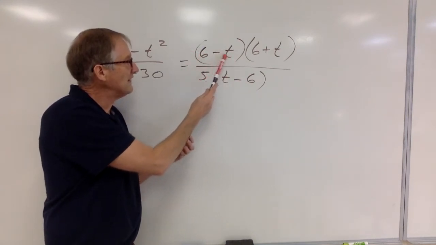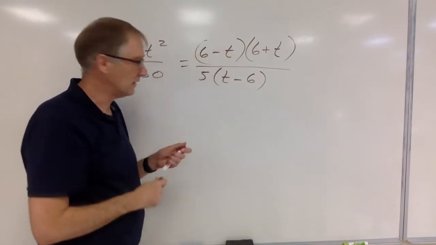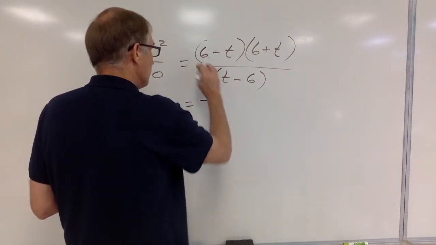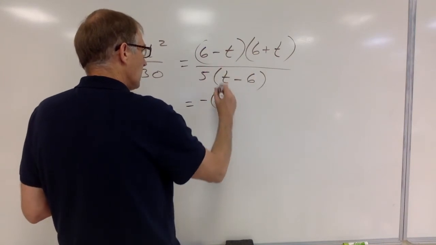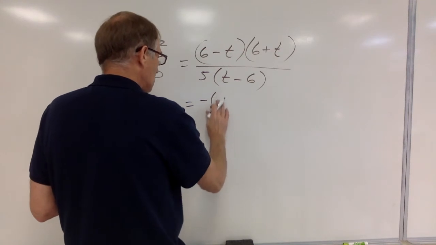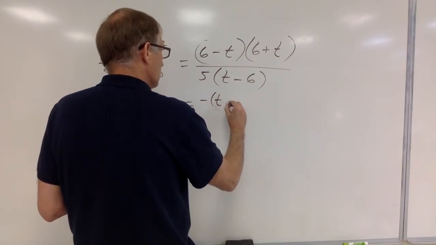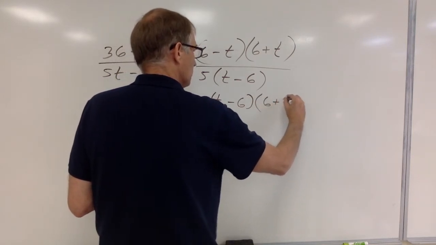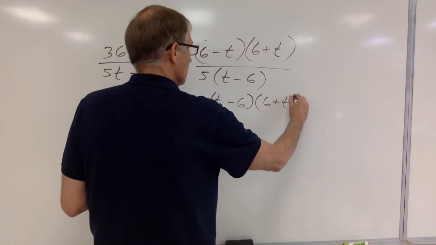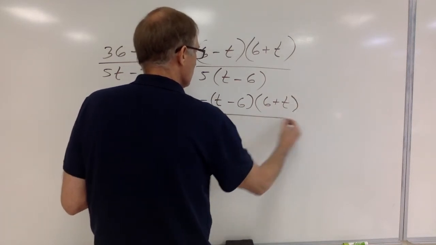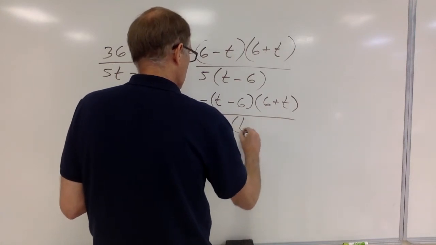So I'm going to put a negative on the outside of this term, and so I can put t minus 6, times 6 plus t, all over 5 times t minus 6.